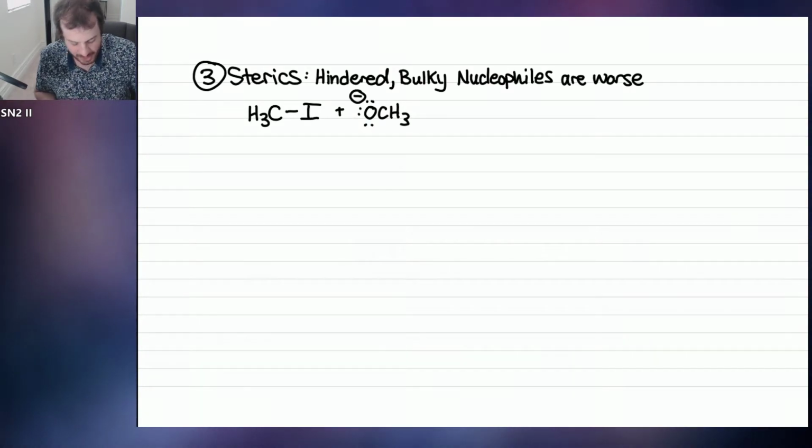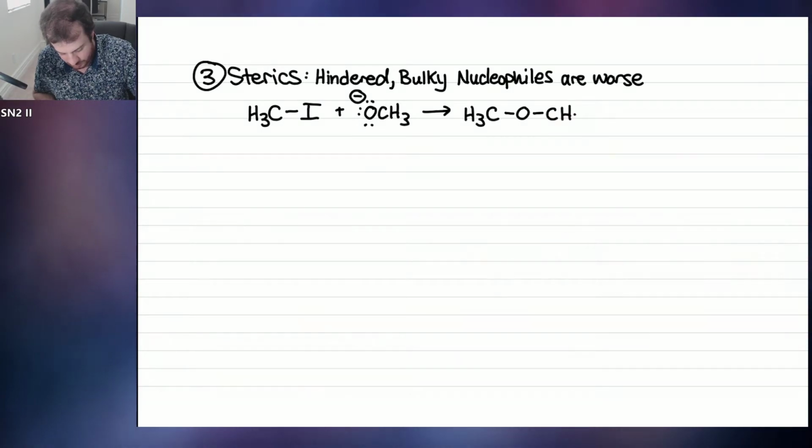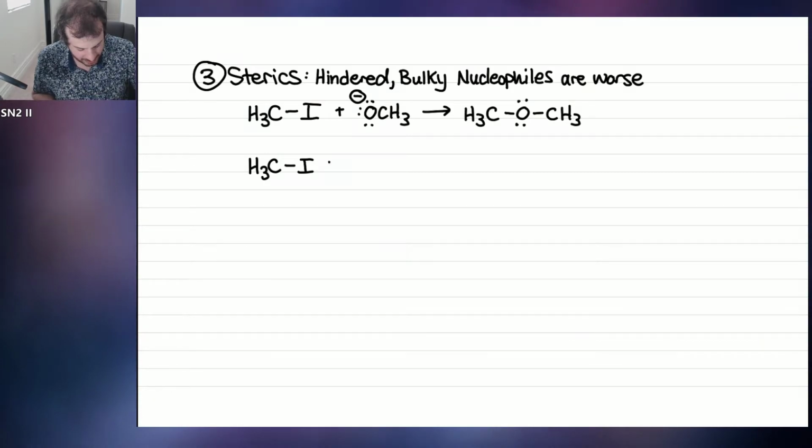Okay, let's add methoxide to that, and of course that's going to do an Sn2 reaction to give us this ether plus a byproduct of iodide, but I won't bother showing the iodide byproduct. Compare that to this, so same substrate, methyl iodide, plus now instead of methoxide, let's do a really bulky nucleophile, tert butoxide.